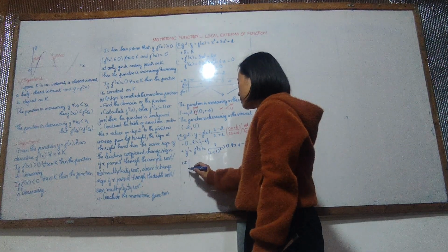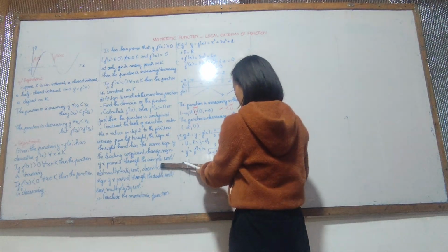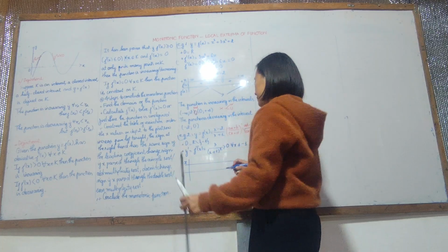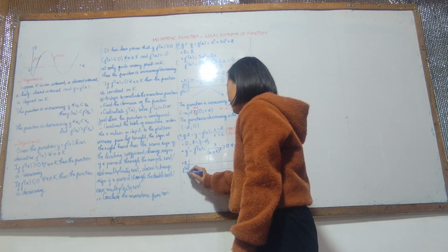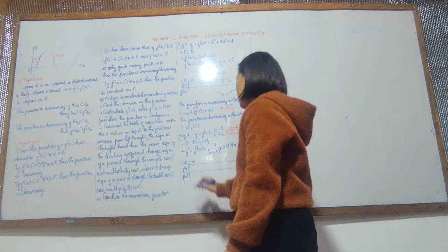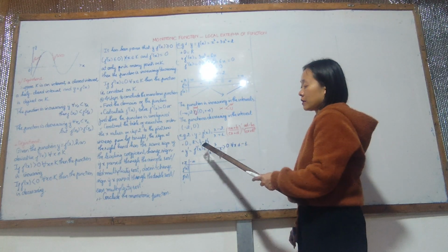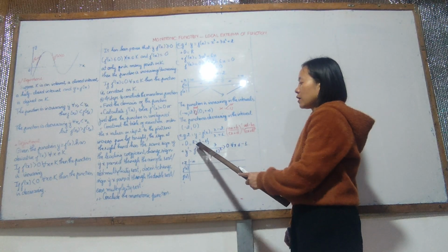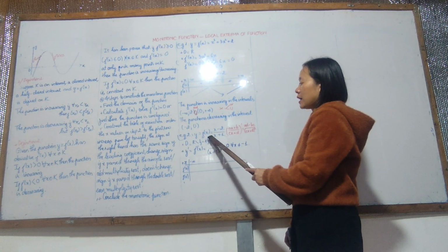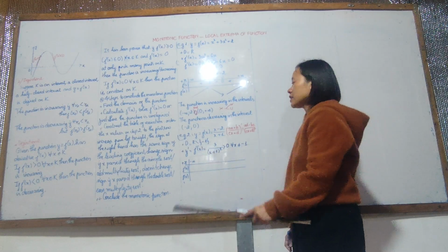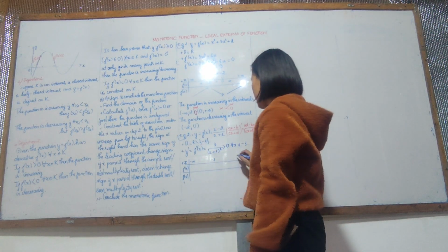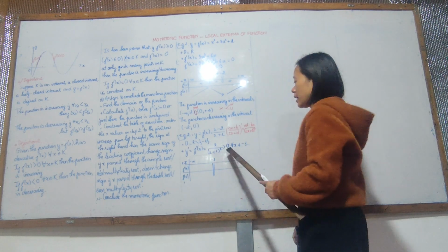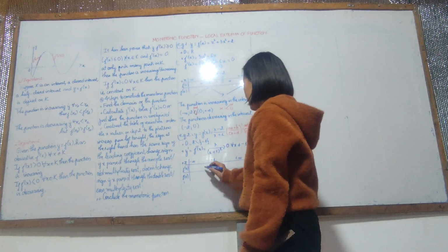In step 3, f prime of x and f of x. In step 2, we don't have a solution to this equation, but in step 1, we see that the function is undefined at -1. So we put this into the table: undefined, and the sign is always positive.